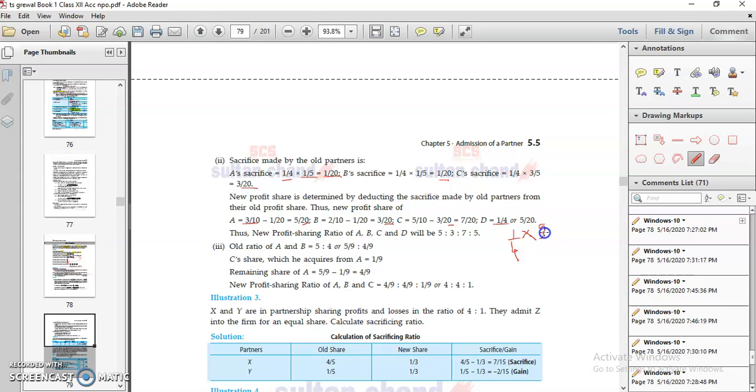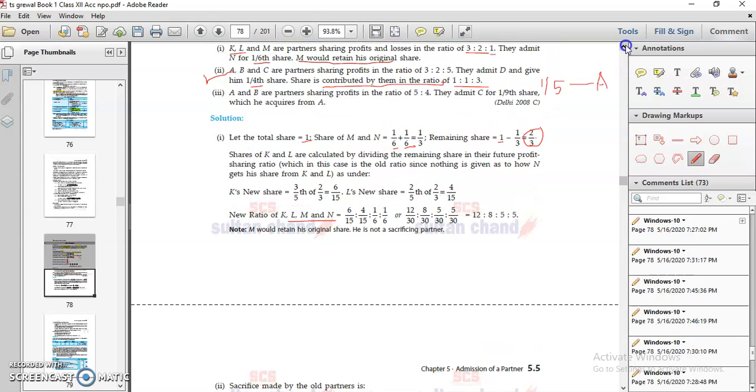Once you do this, the denominators come equal. 1 by 4 into 5 by 5 comes to 5 by 20. So the new ratio comes to 5, 3, 7 and 5. Once you total that, it comes to 20: 5 plus 3 plus 7 plus 5 equals 20. This way you can calculate.